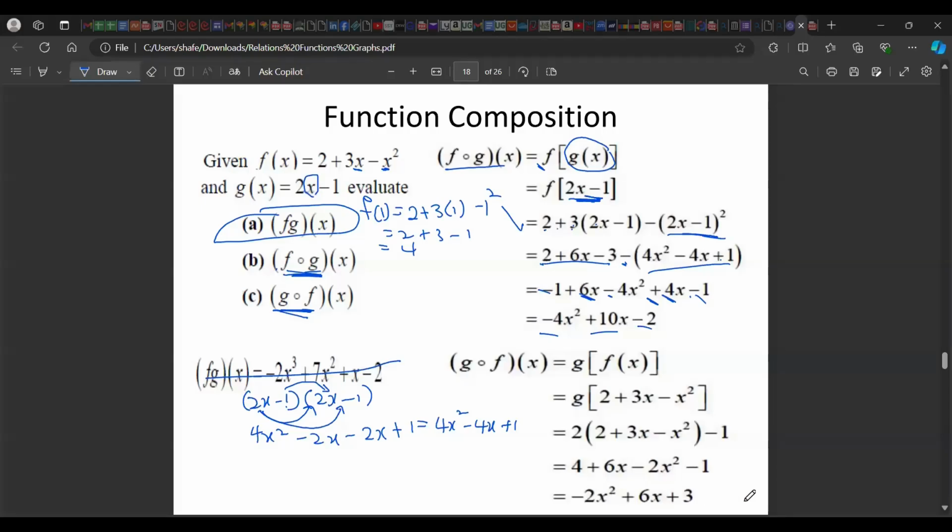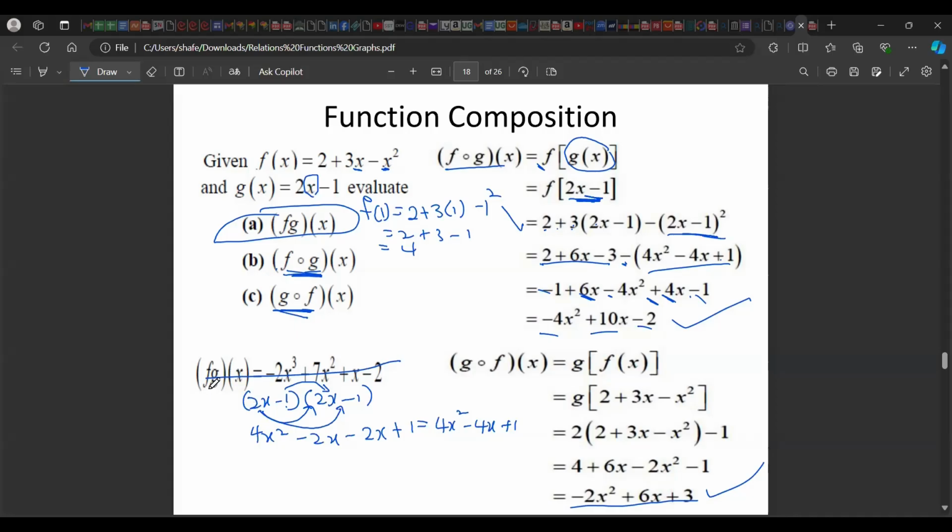Remove the brackets, simplify, and we get this here. Note that this here and this here are not the same. Therefore, the composite of F and G is not equal to the composite of G and F. No, they're not the same.